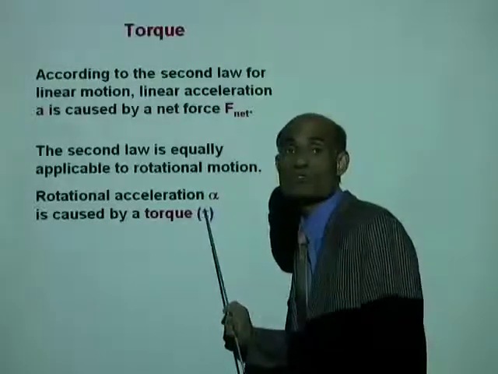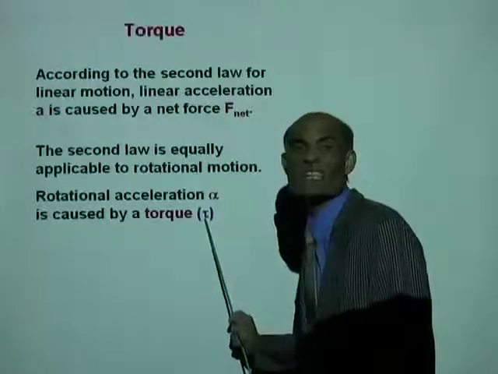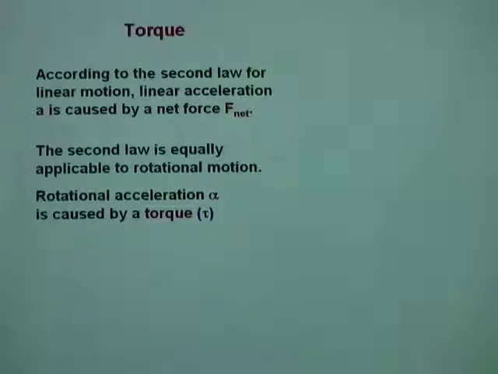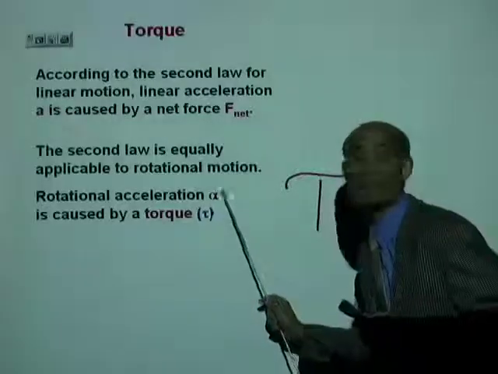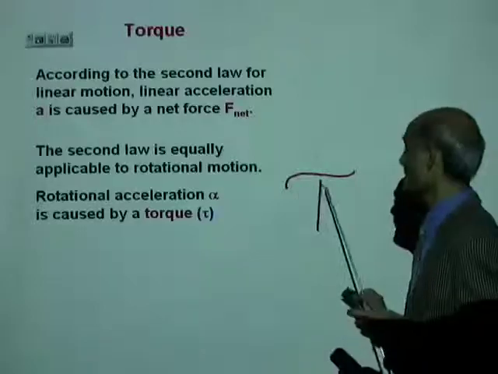We represent torque by the Greek letter tau. Let me write that for you. Tau is written like this. Pronounce it tau. So, the rotational acceleration alpha is caused by a torque, tau.